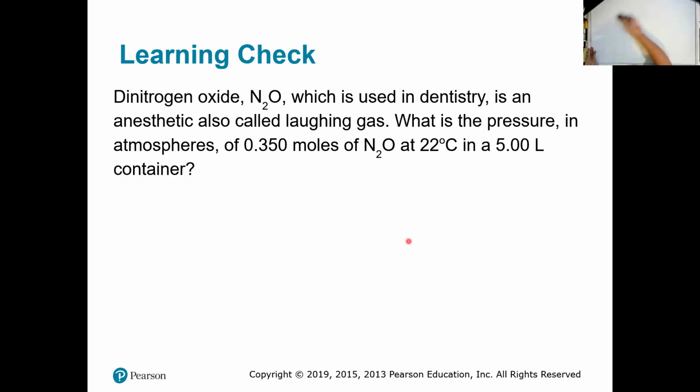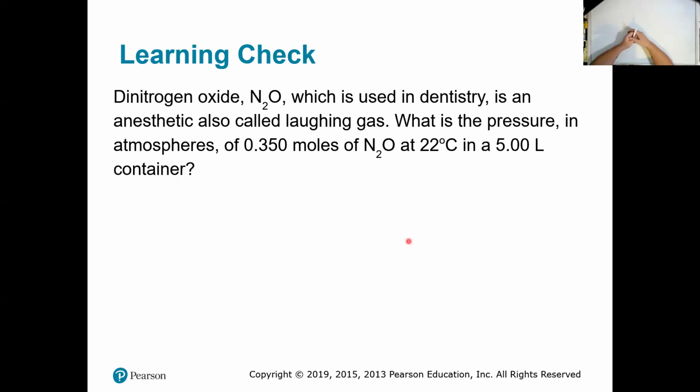A question that you might have is, when do I know that I need to use the ideal gas law? And the answer to that is, if you have a scenario where you're not given a change in conditions, like in the other examples we've looked at, where we have a first scenario and now we're changing the temperature or the pressure and figuring out a new scenario.